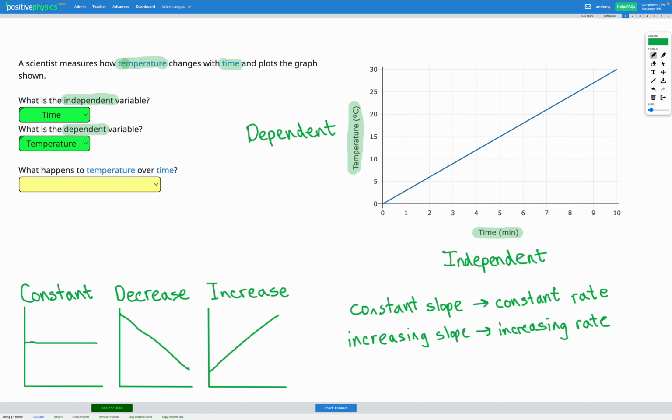Whereas if we have a decreasing slope, in other words, getting less steep, that would be a decreasing rate.